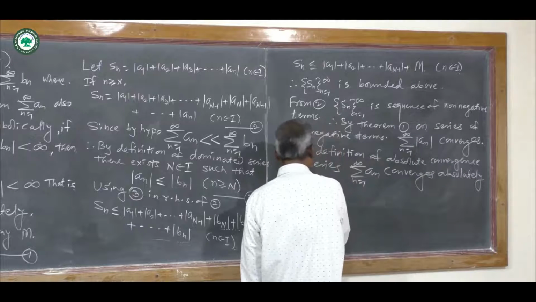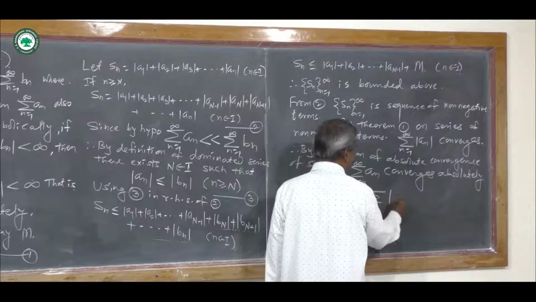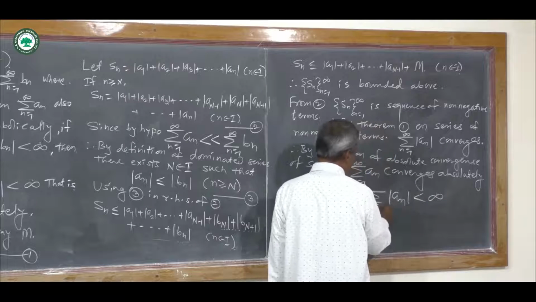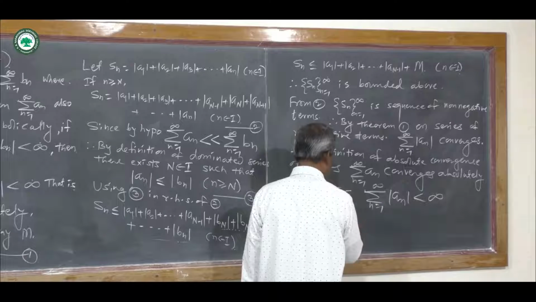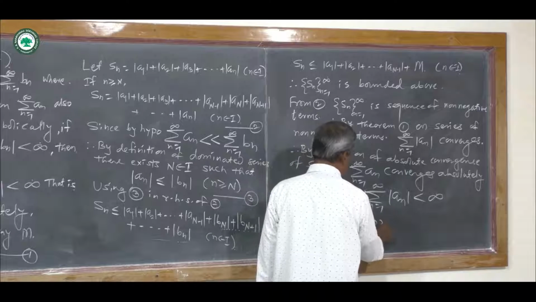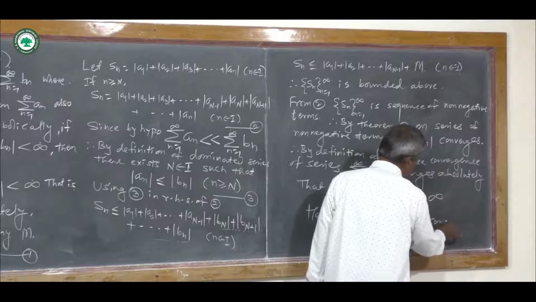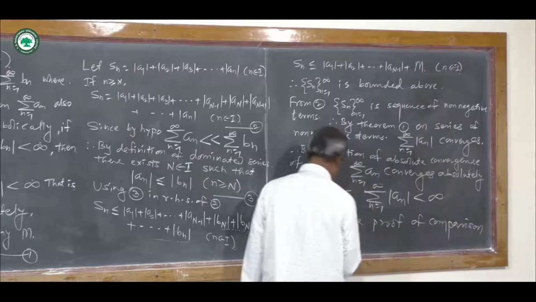That is, sigma mod an is less than infinity. Hence the proof of the comparison test.